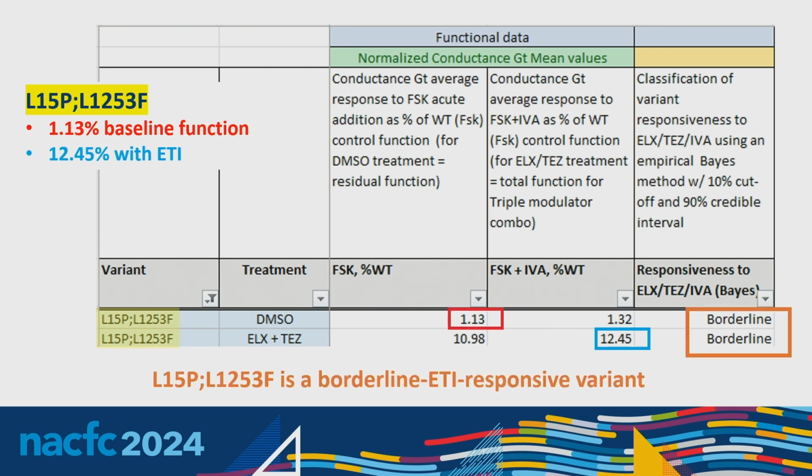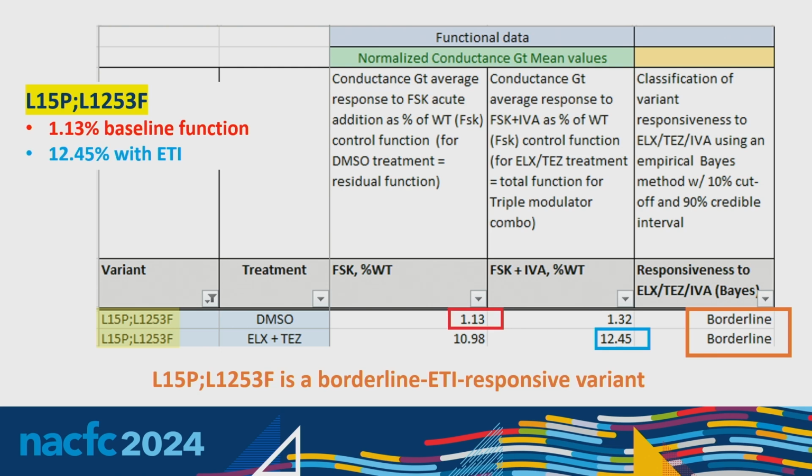This is where that Bayesian analysis comes in. And if you want, you can delve deeper into this table and pull the error bars associated with all of these values. And what you'll see is there's some overlap with that 10% threshold. And so basically the math says we can't tell for sure that this is definitely a responsive variant or definitely not. So we're going to call it borderline.